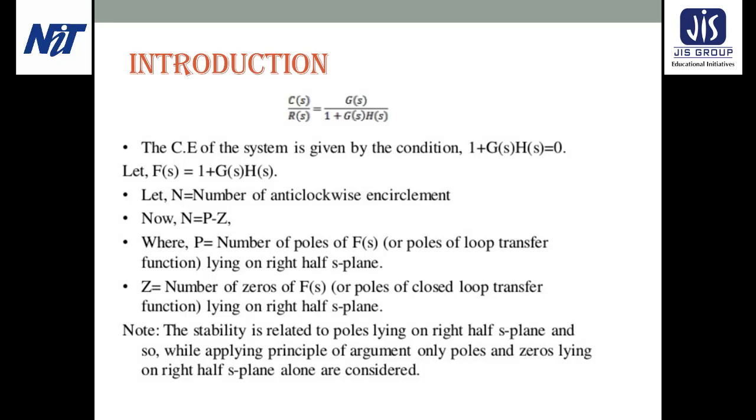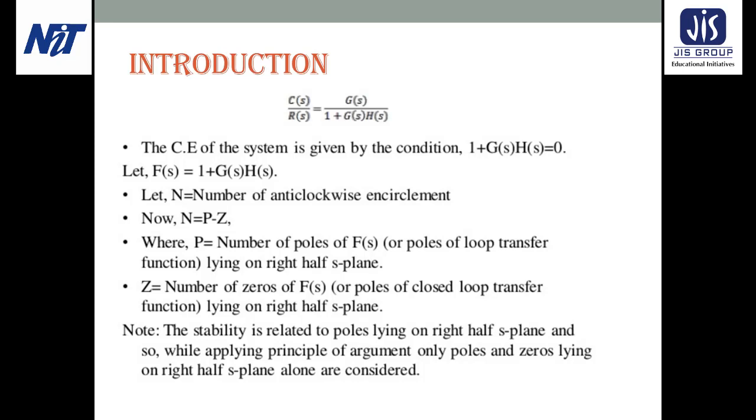Now the closed loop transfer function C(s) by R(s) can be defined as the ratio of G(s) by 1 plus G(s) H(s), where G(s) is the forward path transfer function and H(s) is the feedback path transfer function. Now the characteristic equation can be obtained as 1 plus G(s)H(s) equal to 0.